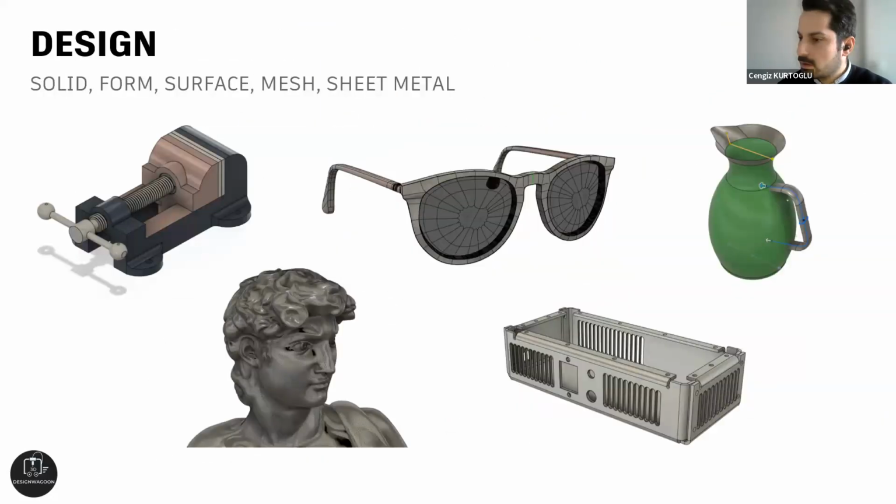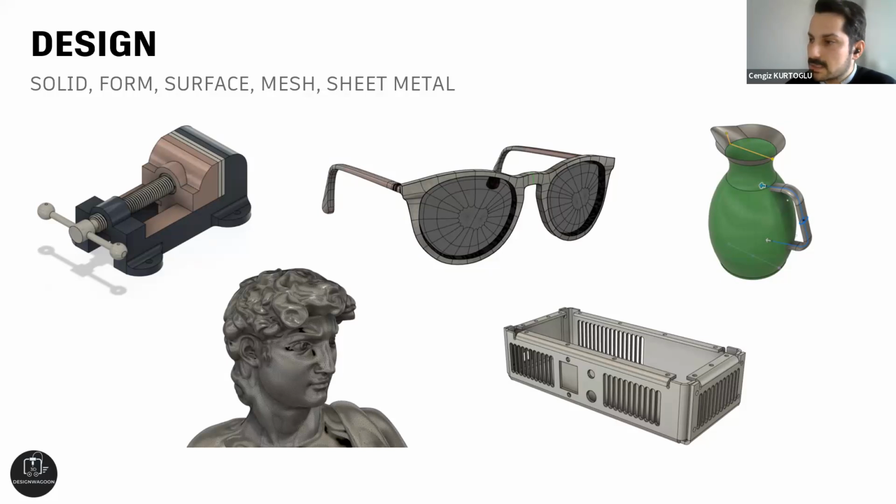Firstly, we'll start with the design workspace. In the design workspace, which is called computer-aided design, like the solid modeling tab, we can create solid modeling, form modeling, T-spline modeling, or directly mesh modeling, automatically converted to solid models.